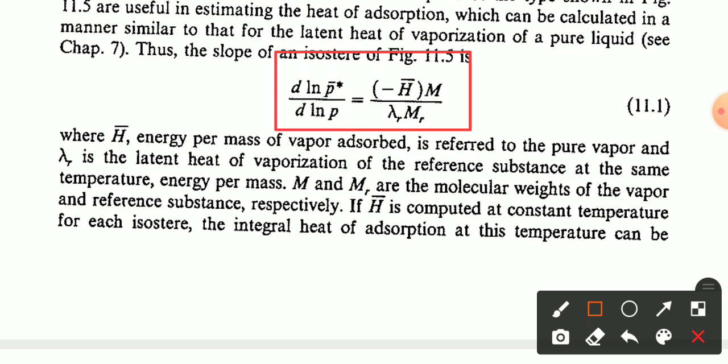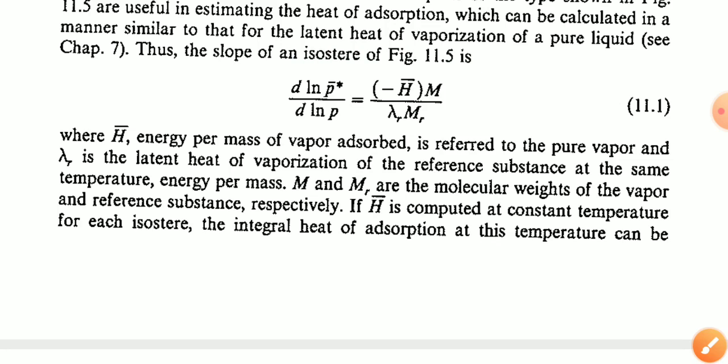What is H bar? Energy per mass of vapor adsorbed. d ln P bar / d ln P = minus H bar M / (lambda R M R), where H bar, the energy per mass of vapor adsorbed, is referred to the pure vapor, and lambda R is the latent heat of vaporization of the reference substance at the same temperature.